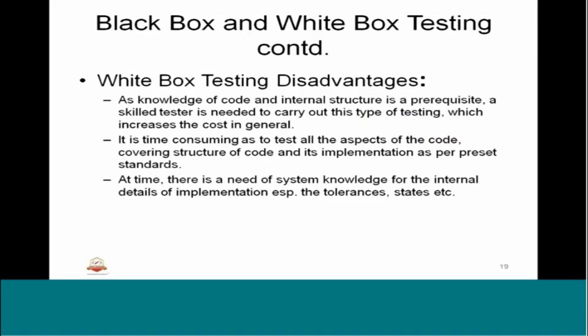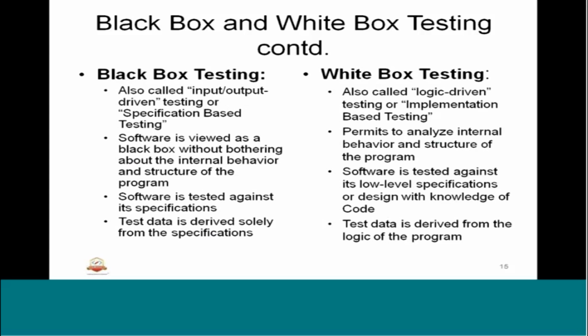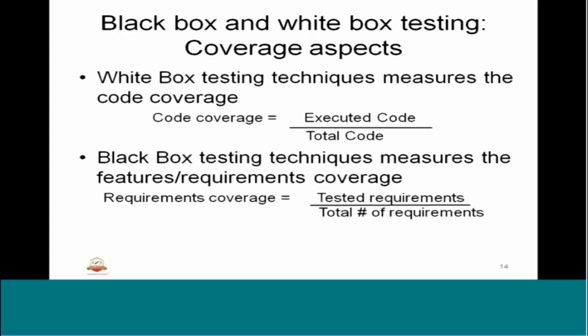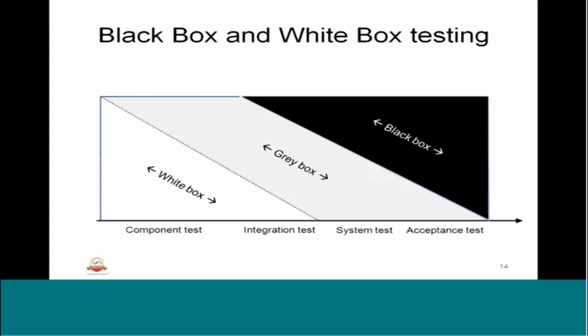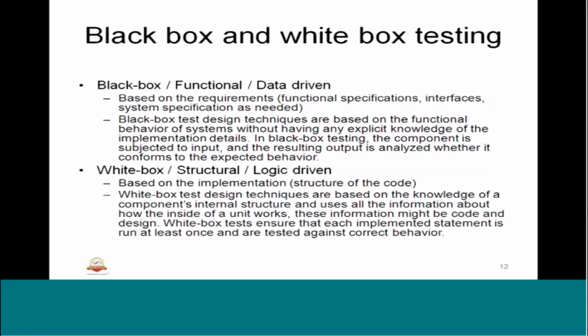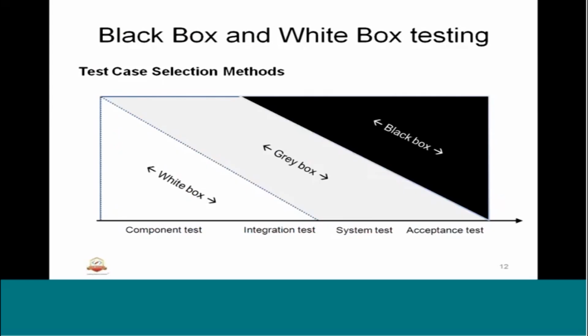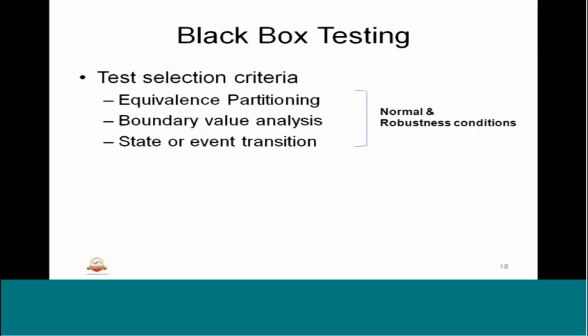We know that test selection criteria is based on different methods. For black box we have functional, data driven. These are some of the inputs. So don't get confused with the methods and the criteria that we have for test selections. Equivalence partitioning, boundary value analysis, state or event transition.